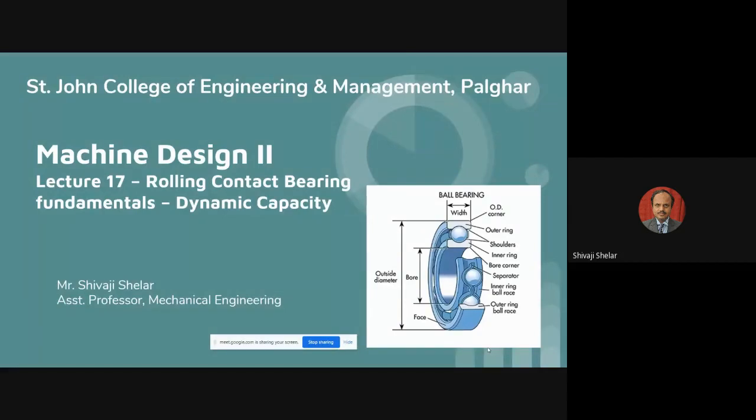Now we are extending that session to learn about the basic fundamentals of rolling contact bearing in detail. Today we are going to cover dynamic capacity, equivalent dynamic load, and bearing selection from manufacturer's catalog. So let's go to the details.